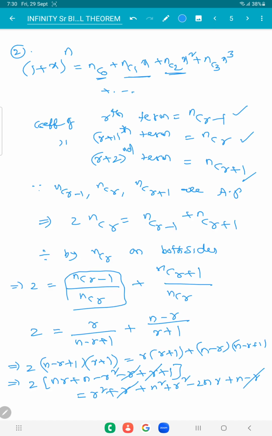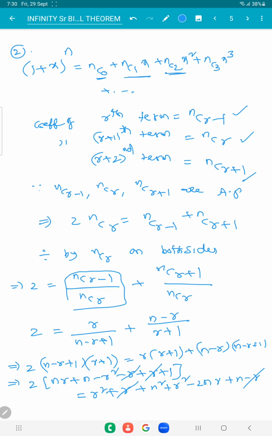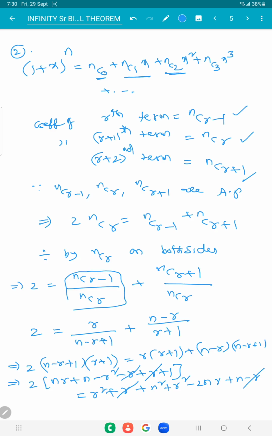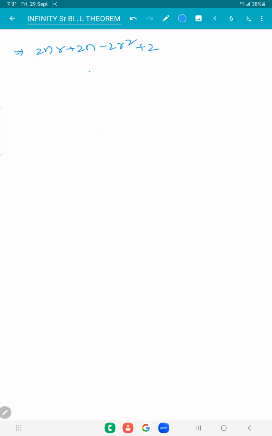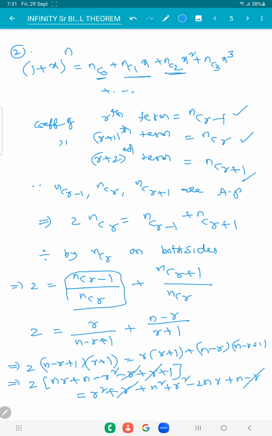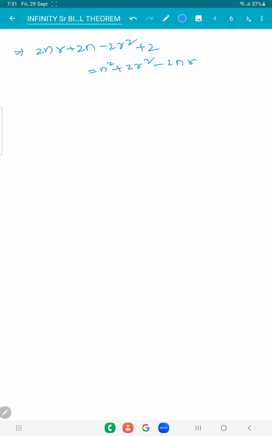That implies 2nr, 2n minus 2r square plus 2n minus 2r square plus 2 is equal to r square, n square plus 2r square, what is that, sir? R square, n square minus 2nr plus n.